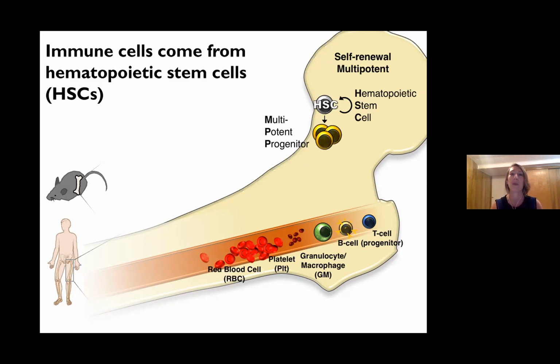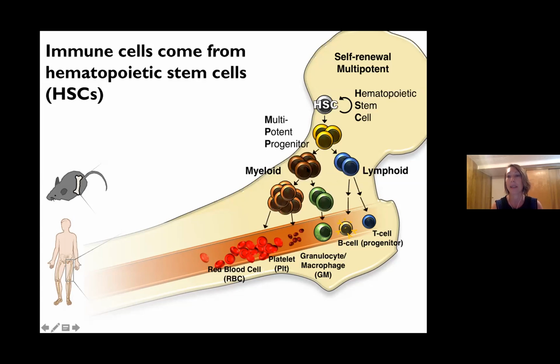The next most important step that I want to highlight this morning is the bifurcation of the myeloid and lymphoid lineages downstream of multipotent progenitor. So this is the first real specification step in hematopoiesis. And from here you get two very distinct lineages: myeloid lineages that again include red blood cells and platelets, but also cells of the innate immune system, and lymphoid cells that make up your adaptive immune system.